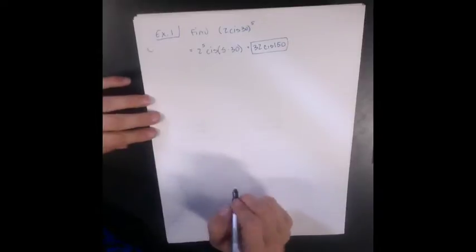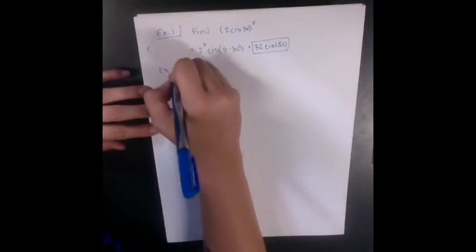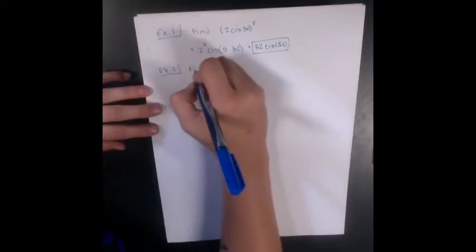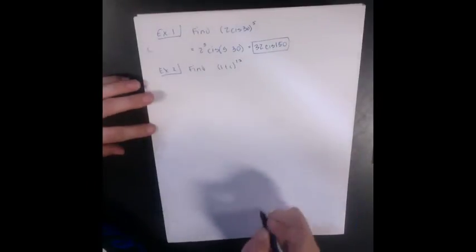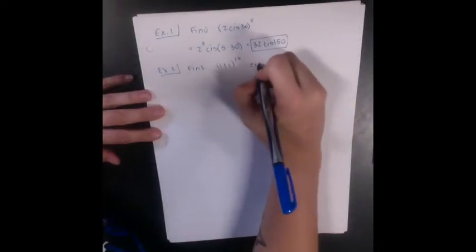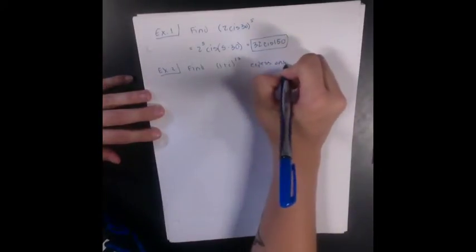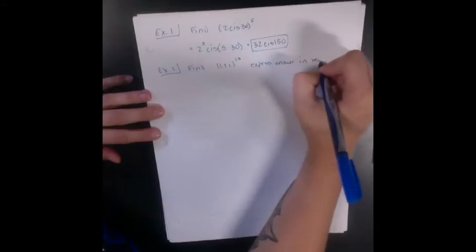Ta-da! Now let's do something slightly harder. Find 1 plus i to the 13th, and we want to express the answer in rectangular form.